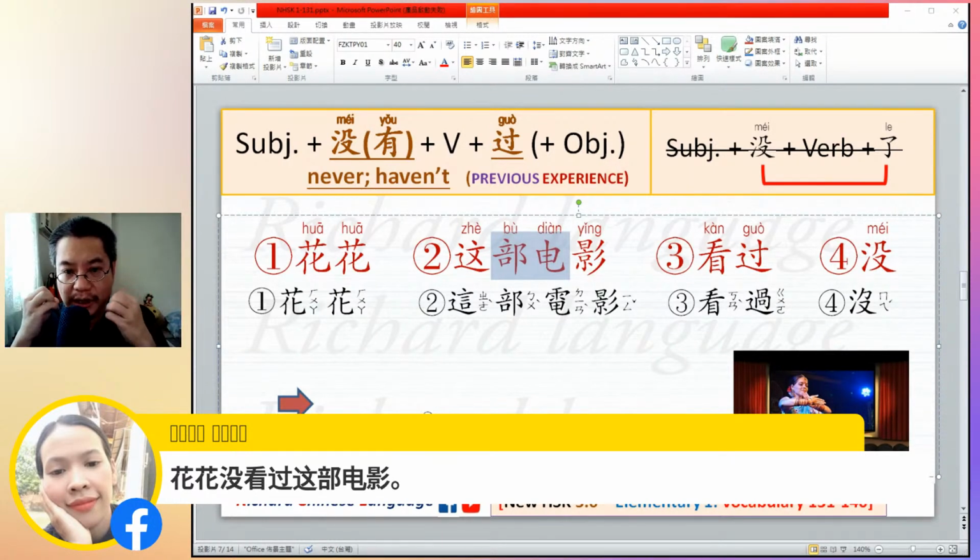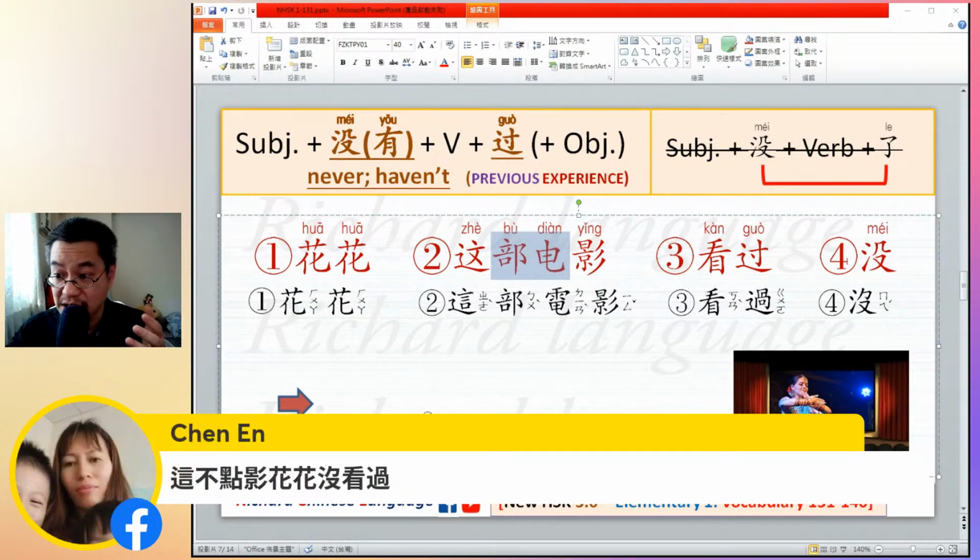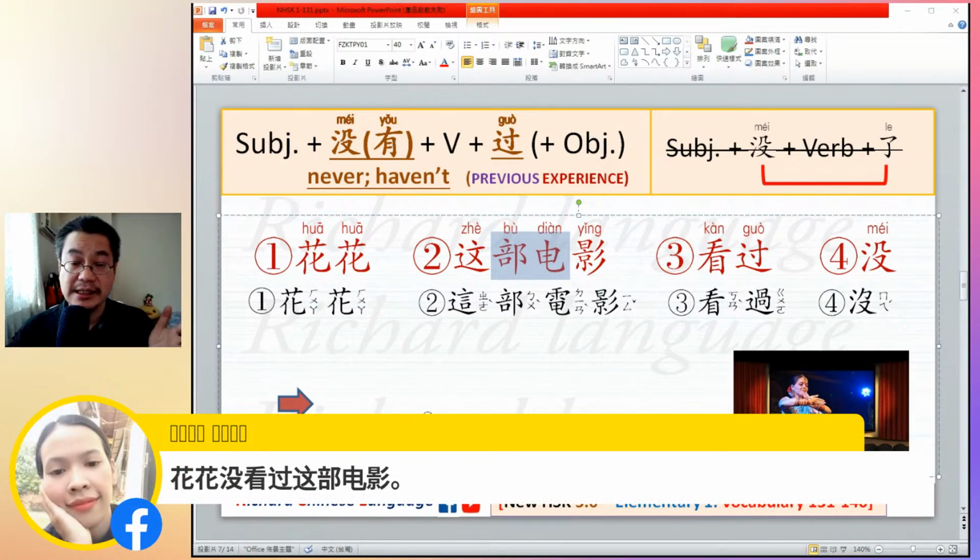This is a sentence we will say in daily conversation. And this sentence is also correct, but it sounds more casual. But it's correct because you want to emphasize the object. You can say that in Chinese. This sentence is more normal and authentic. This is the answer I expect.